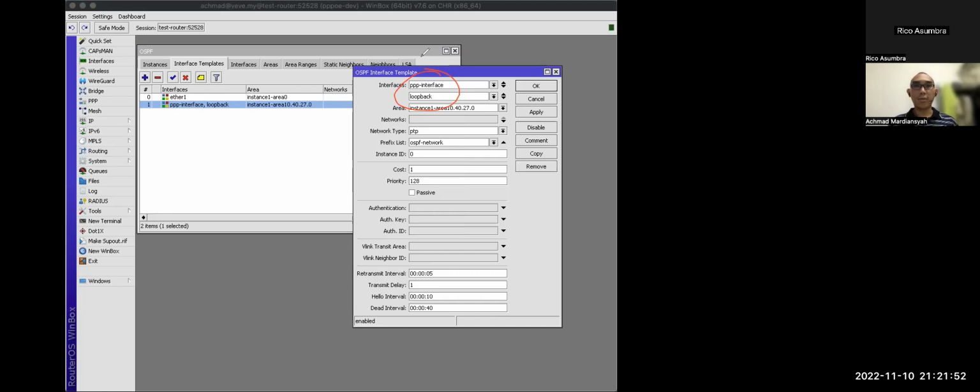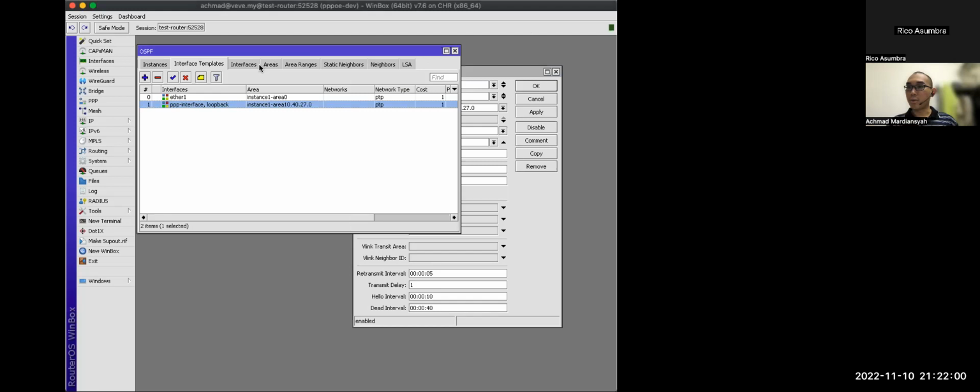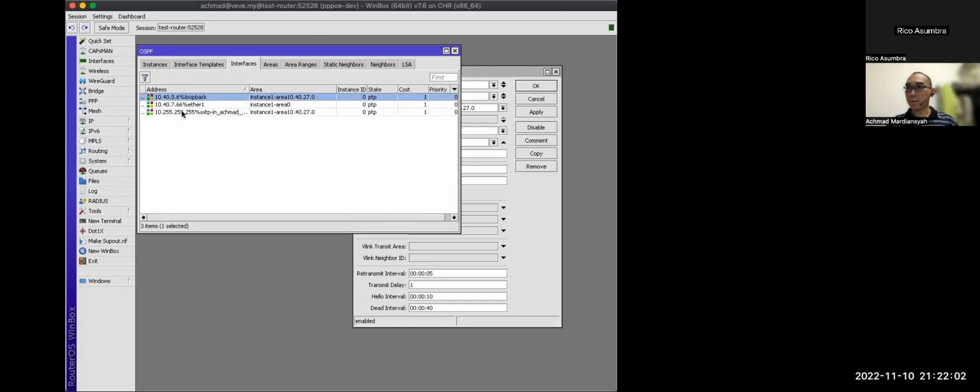But in version 7, they can accommodate that by specifying the specific IP address for connectivity, like this one. Here's the interface, but I'm using this IP address on that interface.